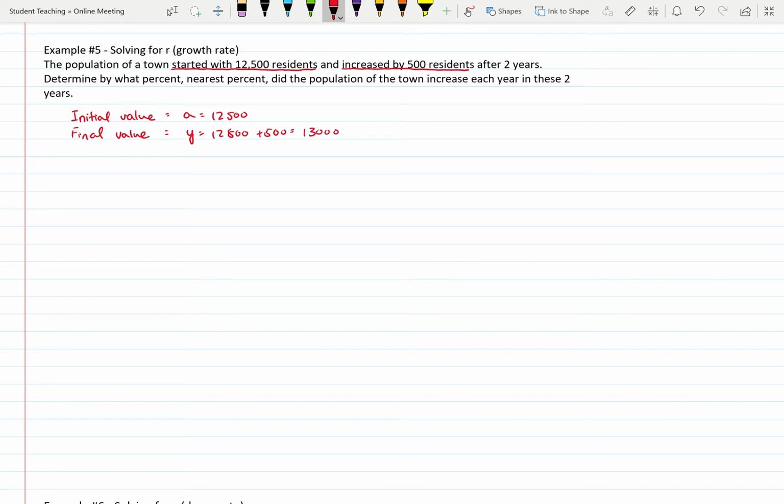Another thing they tell you is the time. Here, everything is in years, so t is equal to 2. And what we are looking for is the percent. What percent did the population of the town increase each year in these 2 years? It's asking for the rate, and specifically, the growth rate.